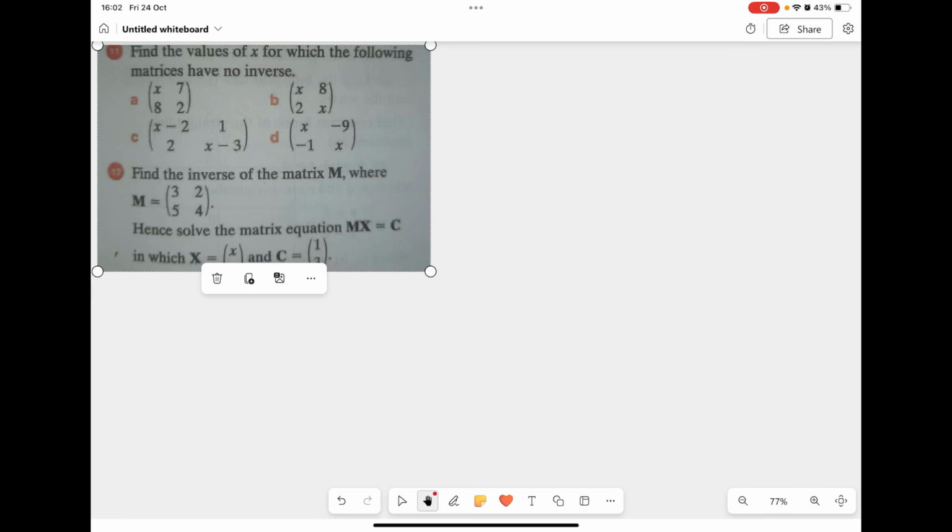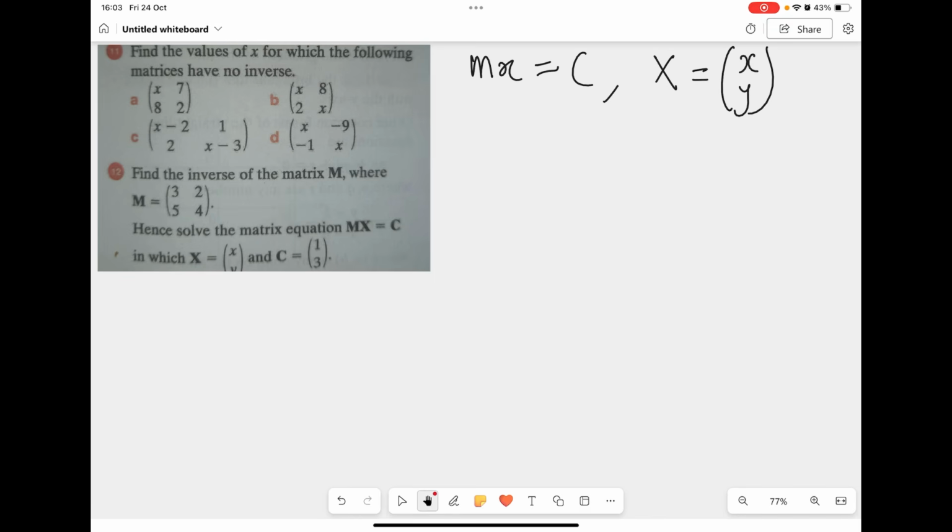They said solve the matrix equation MX equals C, in which X is a 2 by 1 matrix.